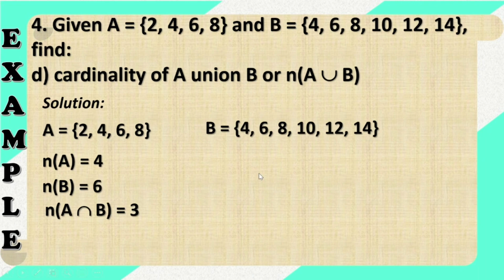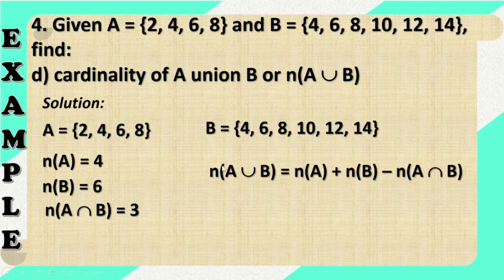So to find the cardinality of A union B, we have the formula: the cardinality of set A plus the cardinality of set B minus the cardinality of A intersection B. So we are going to substitute the values.